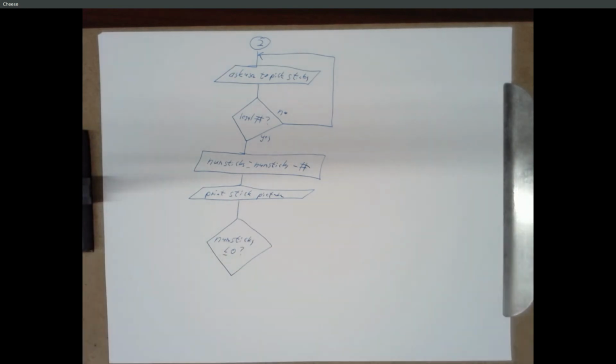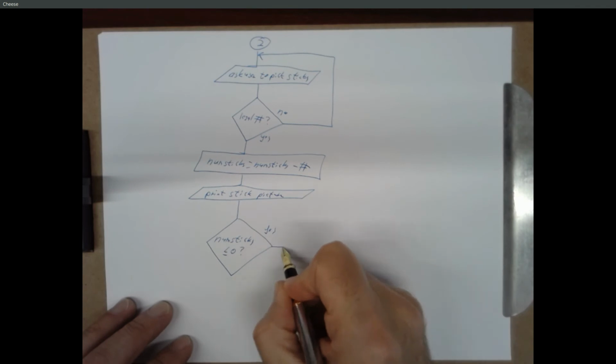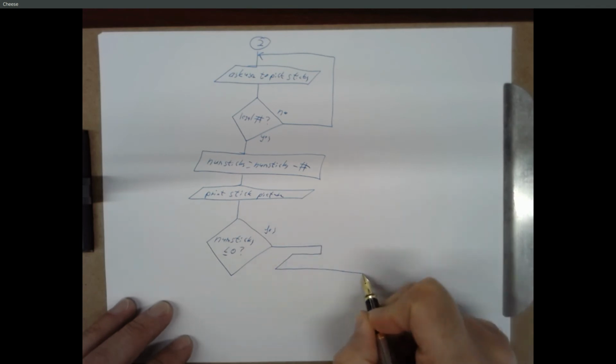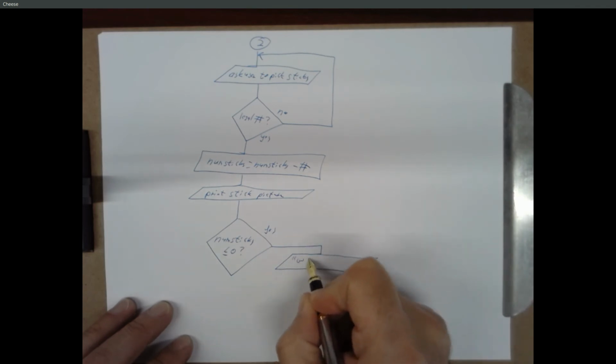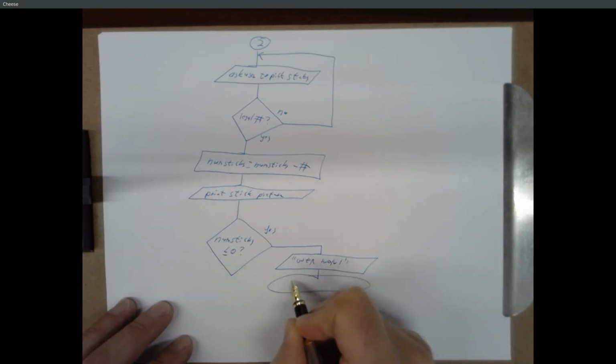And is the number of sticks less than or equal to 0? Because if there's only one stick left and the user picks 3 sticks, you're going to end up with -2 sticks. That's okay. Is the number of sticks less than or equal to 0? If it is, the user won. And we're done.